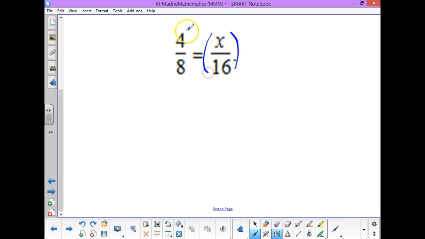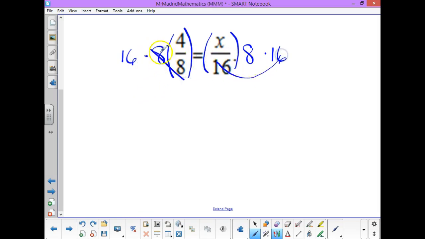Because it is an equation, I can continue doing the same thing over and over to both sides and not lose equality. So, why the 8? So I can cancel out here. That's the only reason. And to be fair to the equation, I'll do it to this side. And then I'll do a times 16 over here. Why? So I can cancel out here only. And to be fair to the equation, I'll balance it out with that. So sure enough, that cancels. That cancels.